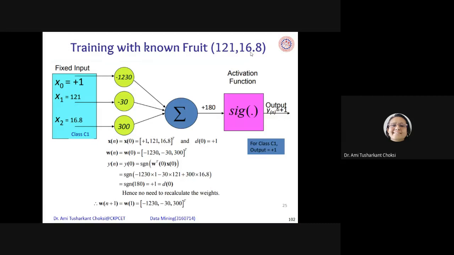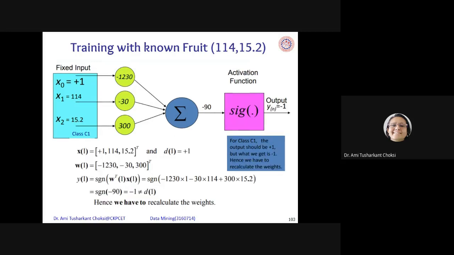With the first known fruit, when we do not have any difference between actual output and desired output, we continue with the same weight. Then we train with the second known fruit. When we have a difference between actual output and desired output, we need to recalculate the weights.